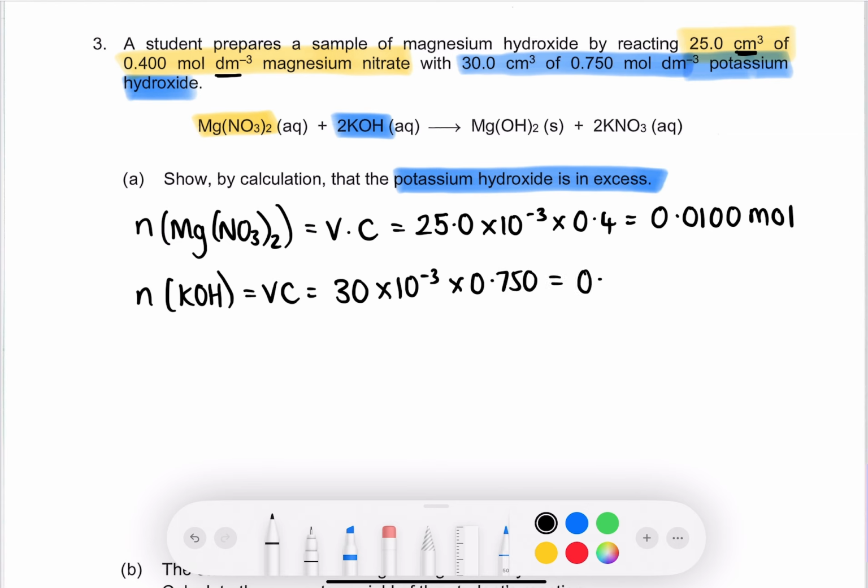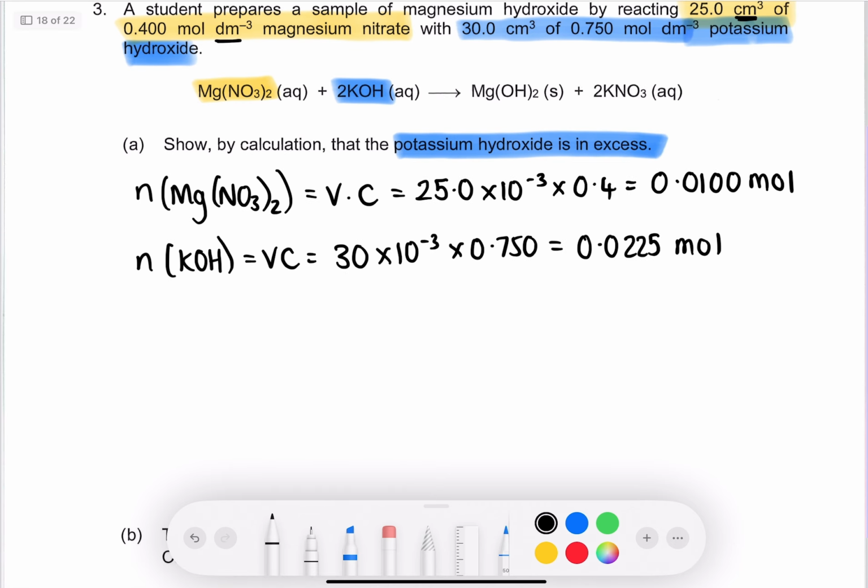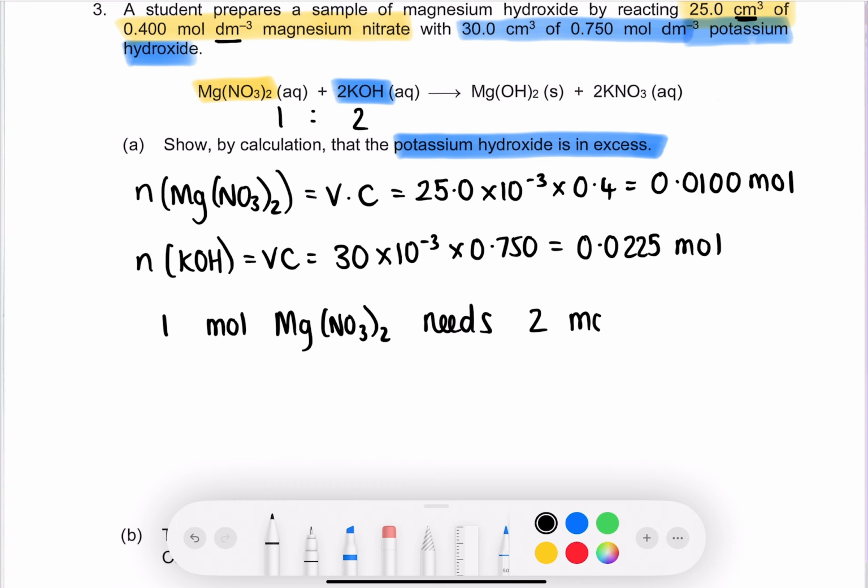So that's 0.0225 moles. Now, in theory, 1 mole of Mg(NO3)2 needs, according to the ratio, it's a 1 to 2 ratio, 2 moles of KOH.